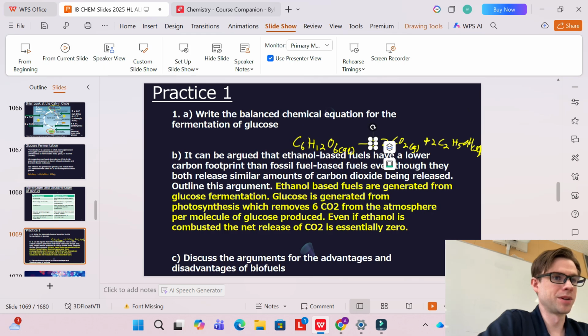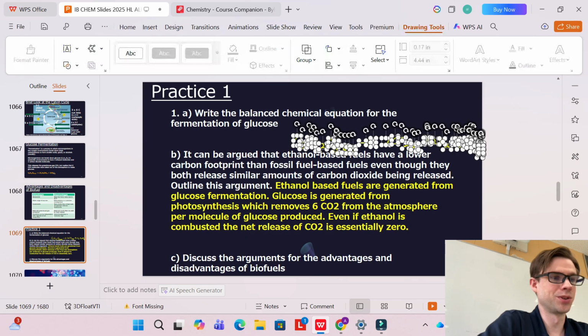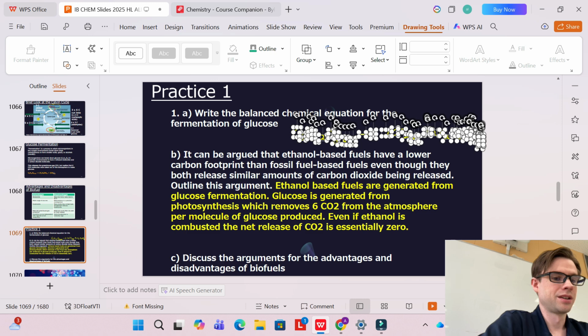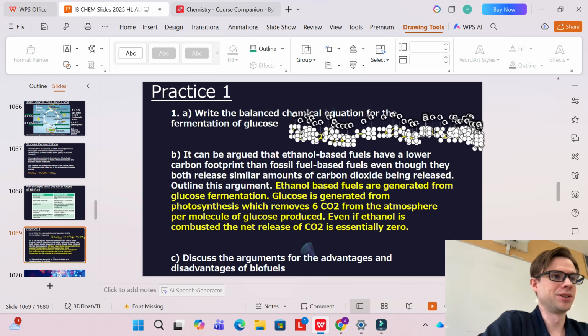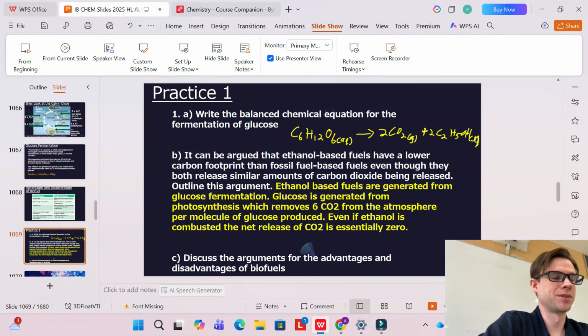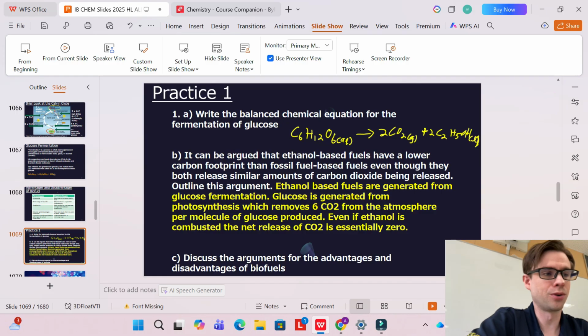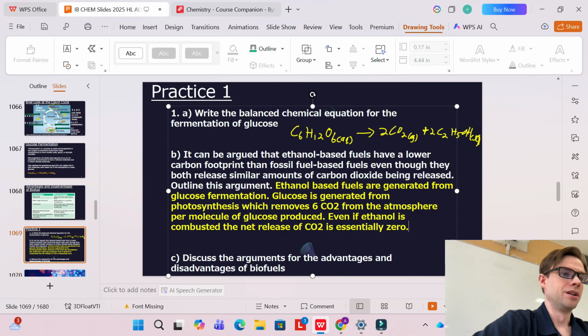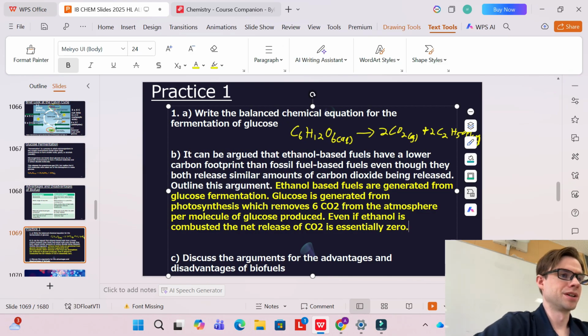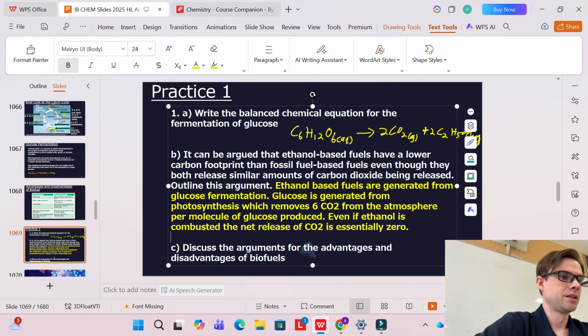So I would always recommend you try to at least show that you're aware that what might seem like zero net emissions from a single chemical formula doesn't represent the whole picture of actually distributing the energy to the customer, the consumer. Okay.